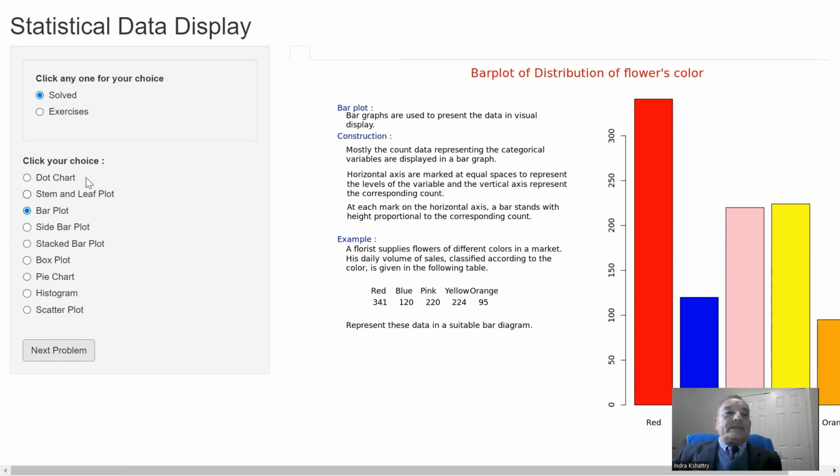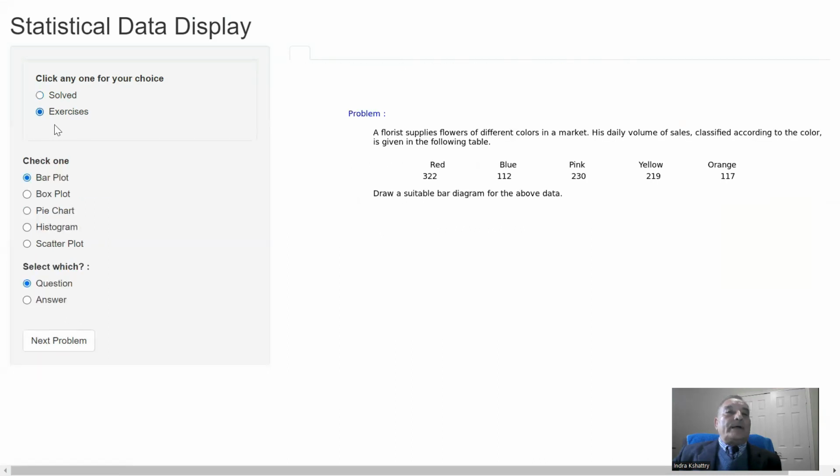For practice, select exercises from the top and select bar plot from the bottom list. And click the next problem button to refresh. You will see the question on the display screen.